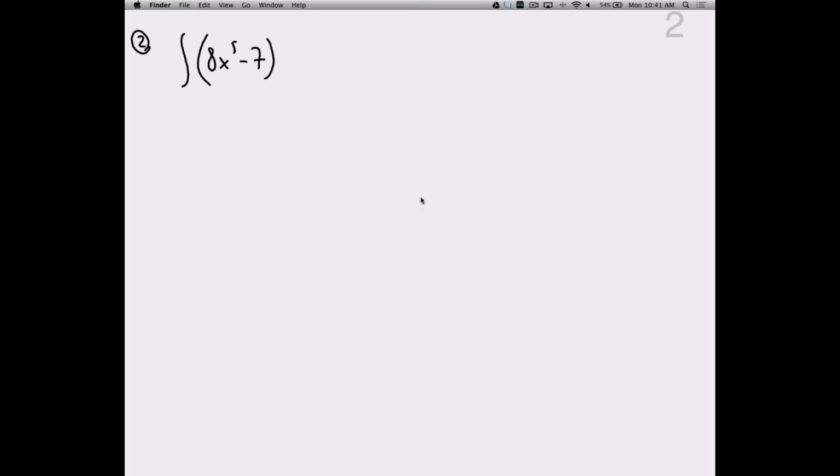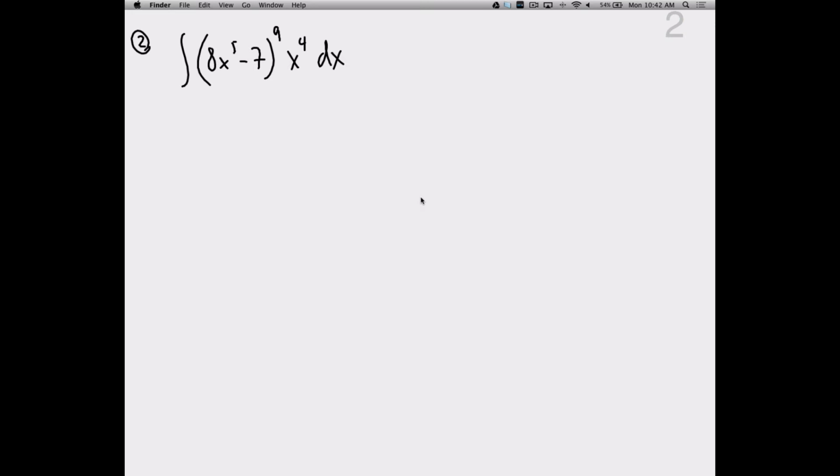Help me out there. To the 9th power times x to the 4th dx. Now, if you're feeling saucy, you could multiply that out to the 9th power. Good luck.